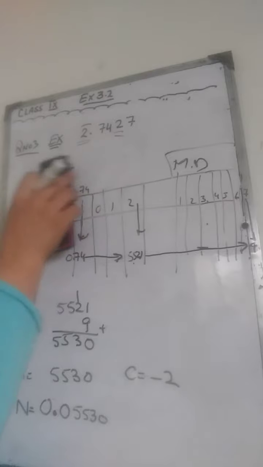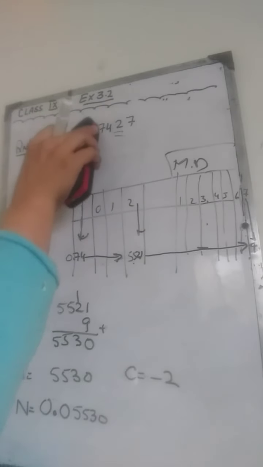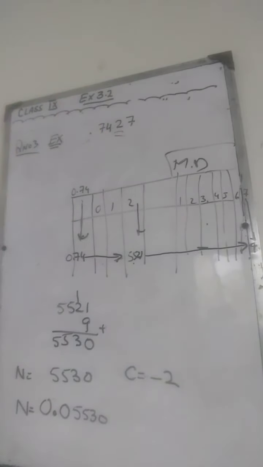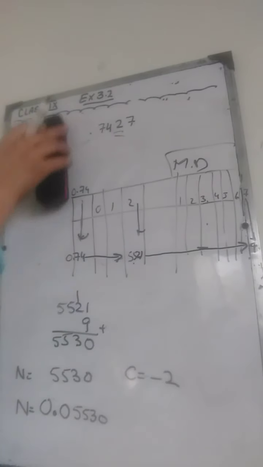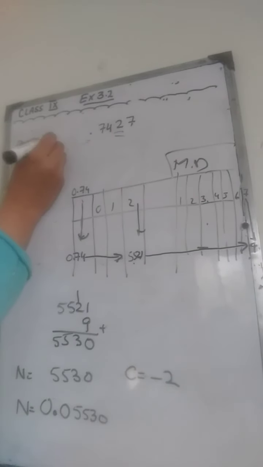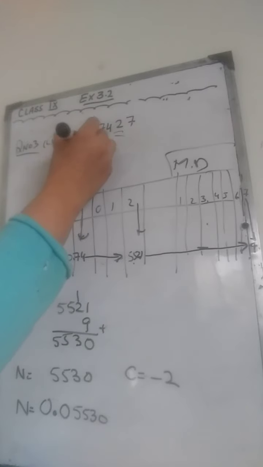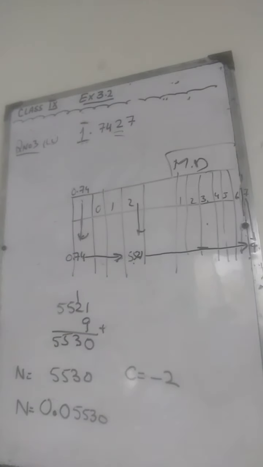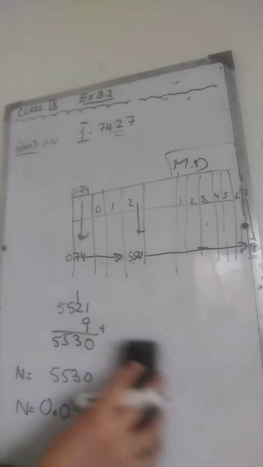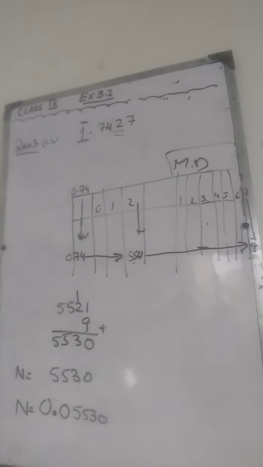Just doing one more example. Suppose the question is as in your book, second part of question number 3. Here it is written -1. Now the whole procedure will remain the same, because the table value will be the same as in the previous example.